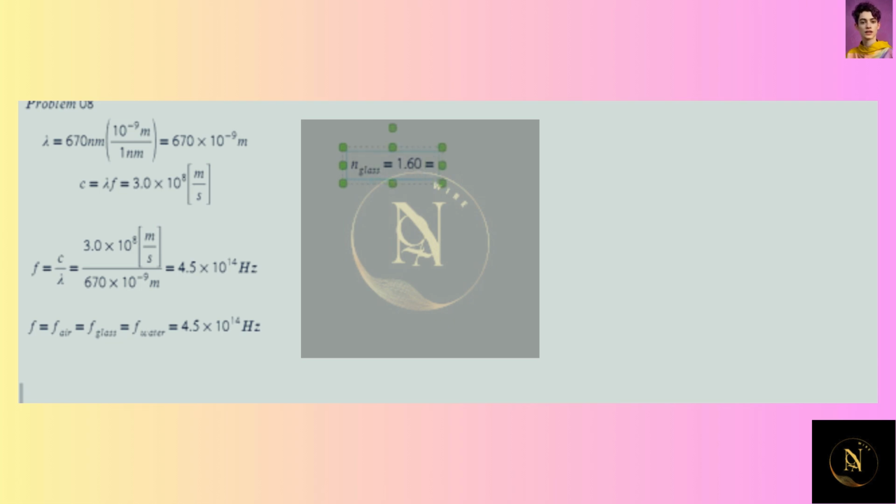So this is defined to be the speed of light over the velocity of light in that medium, which is v of glass. Let's go ahead and solve for v glass. We multiply both sides of the expression by v glass. We get v glass times n glass is equal to c. Now let's divide both sides by n.